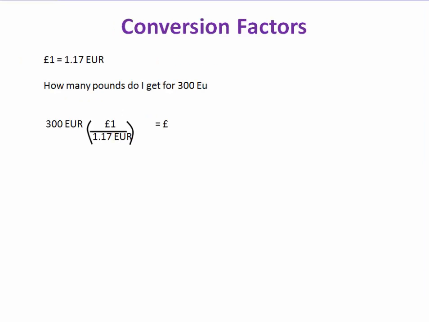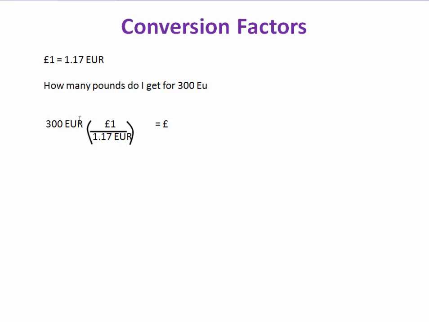Here we're going to convert currencies. How many pounds do I get for 300 euros? We know that a pound is 1.17 euro, and it fluctuates. What are we given? We're given 300 euros, so put that on our left hand side. We want the answer in pounds, that goes on our right hand side. And then this conversion unit, 1 and 1.17, which way round?